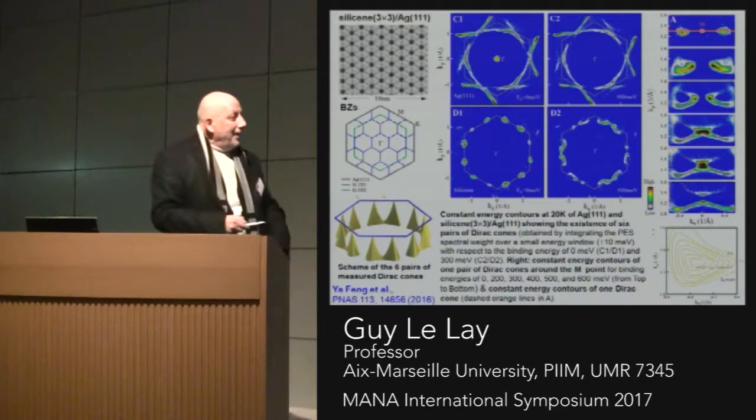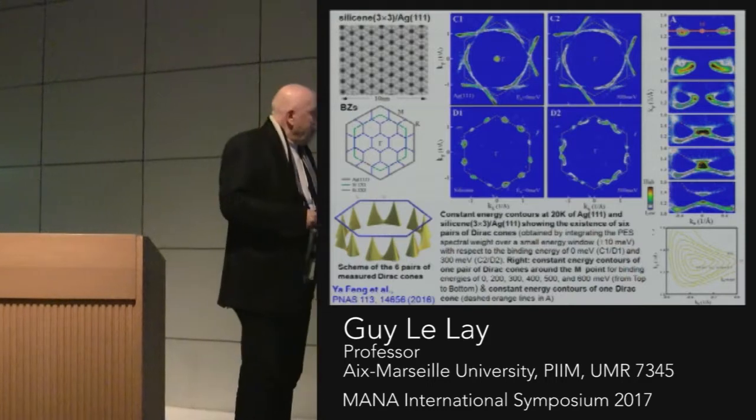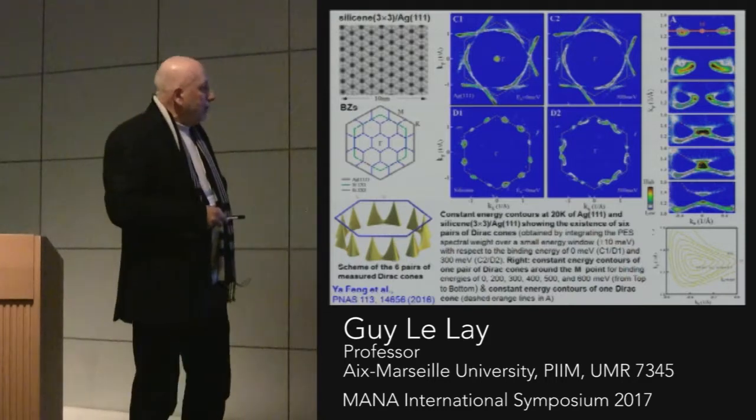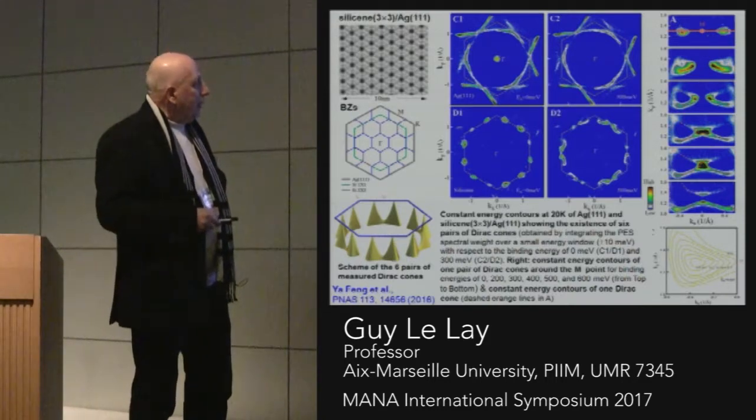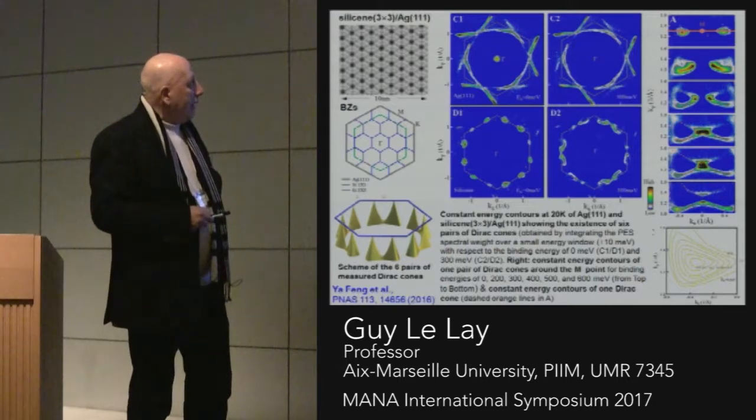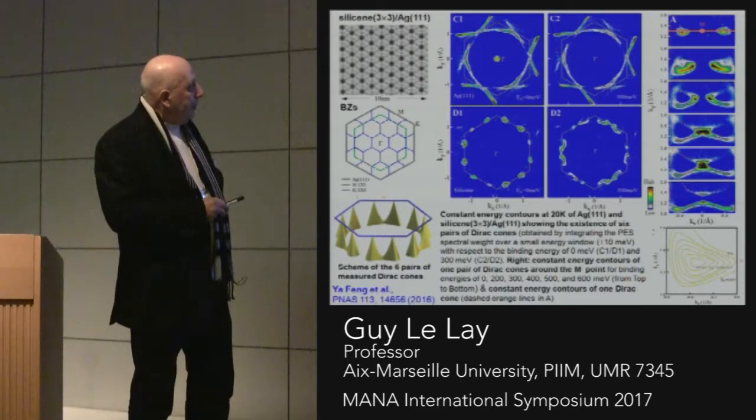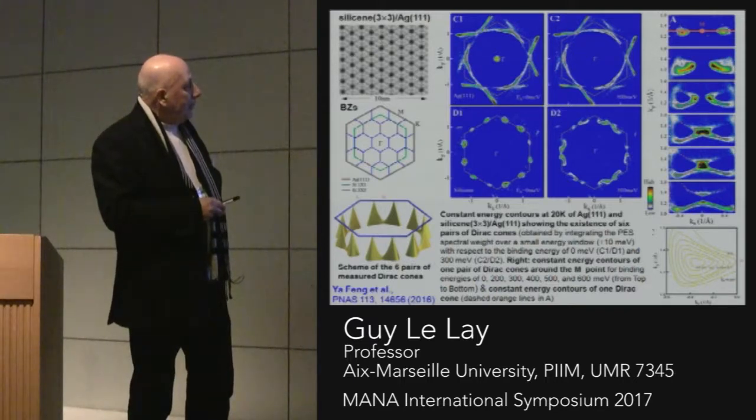Even though very recently it has appeared in PNAS, by the group of Kowi Hu and co-workers in Beijing, where they have found real cones, up to the Fermi level, at those special points around the M-bar point of the silver Brillouin zone.